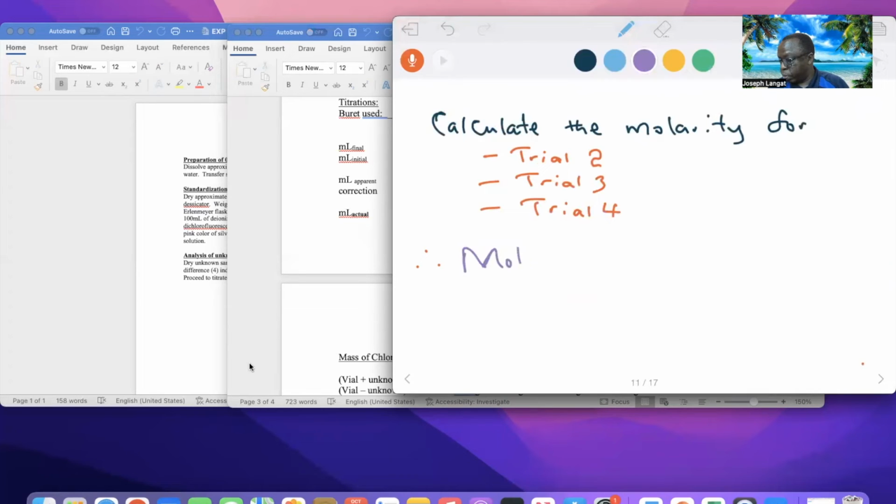The molarity of AgNO3 is given by the average of 3.